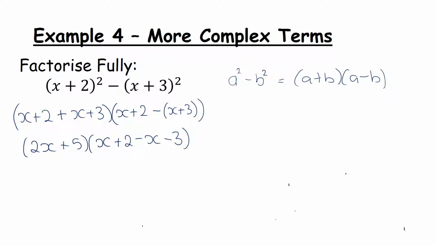Think of it as multiplying both by a minus 1. So let's clean up our second bracket. Here we have an x minus an x, that will cancel, and a plus 2 minus 3 is a minus 1. So an easier way to write this is minus 1, 2x plus 5.